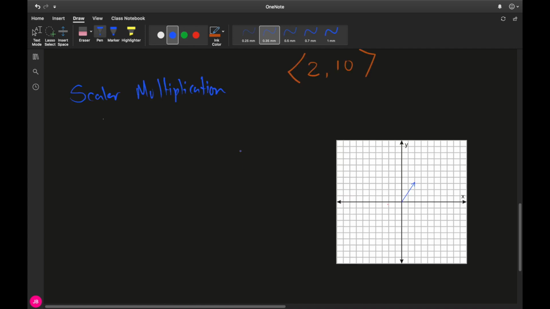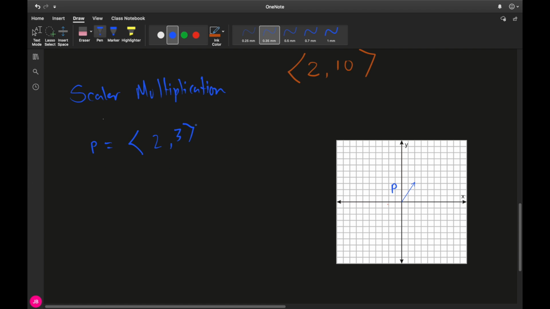So scalar multiplication is actually pretty interesting, because what you're going to do is make this vector have either a larger magnitude or a smaller one. And the way you do that is, let's say we have a vector, let's call this vector p. And vector p has a component form of 2, 3.